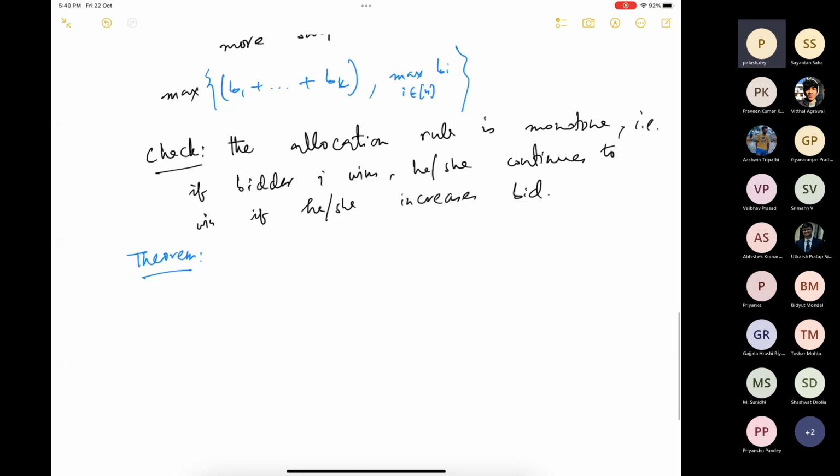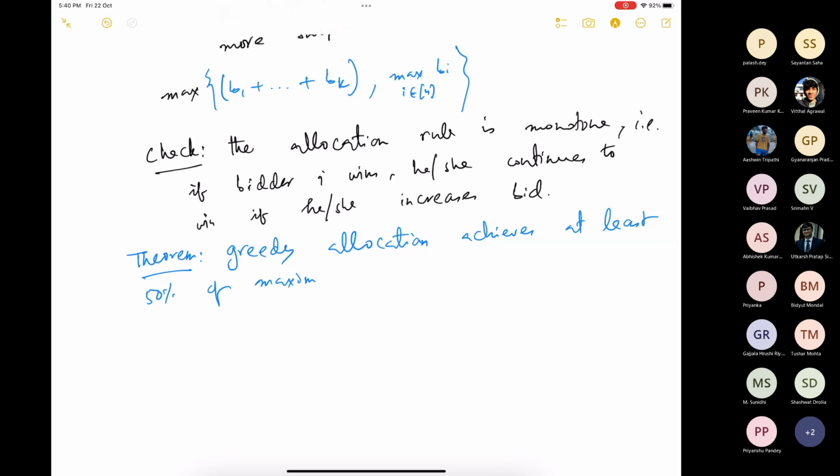Okay, so the greedy allocation achieves at least 50% of the maximum social surplus.